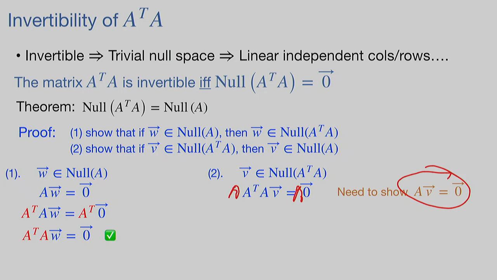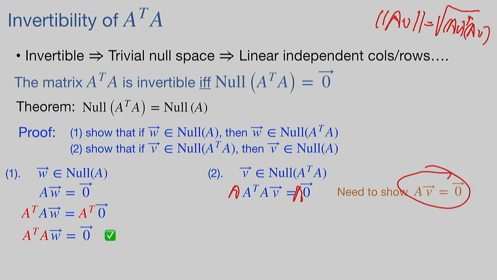Because what is the norm of AV? The norm of AV is the square root of AV transpose times AV, right?